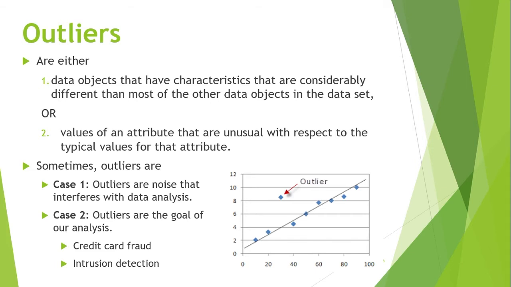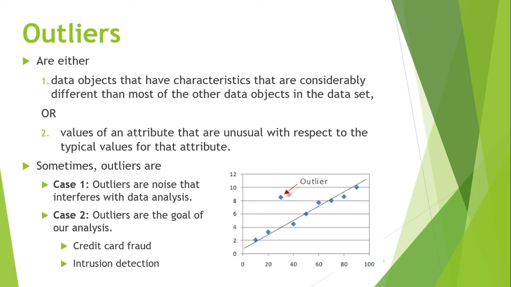Outliers. Ano yung outliers? Okay. Outliers are either data objects that, in some sense, have characteristics that are different from most of the other data objects in the data set, or values of an attribute that are unusual with respect to the typical values of that attribute.